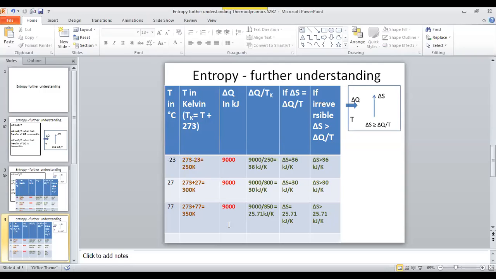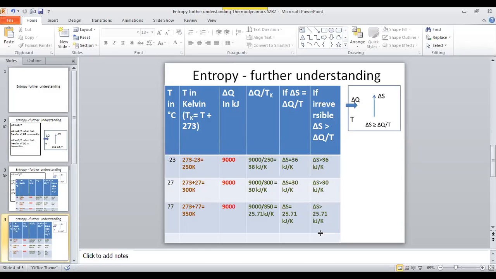For the same delta Q, when this T increases, your entropy decreases. For higher temperatures, for the same heat transfer, you have lower entropy. Higher temperatures, lower entropy; lower temperatures, higher entropy.